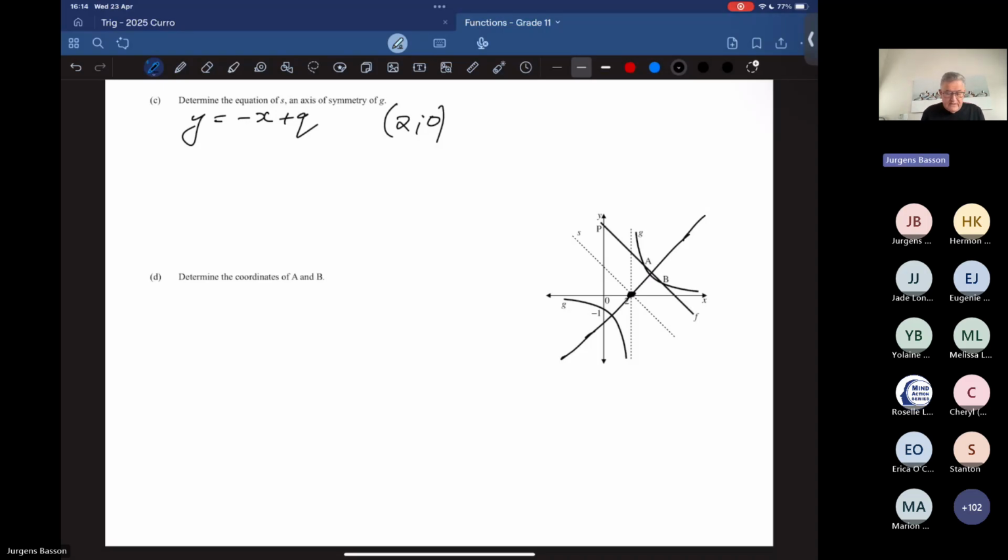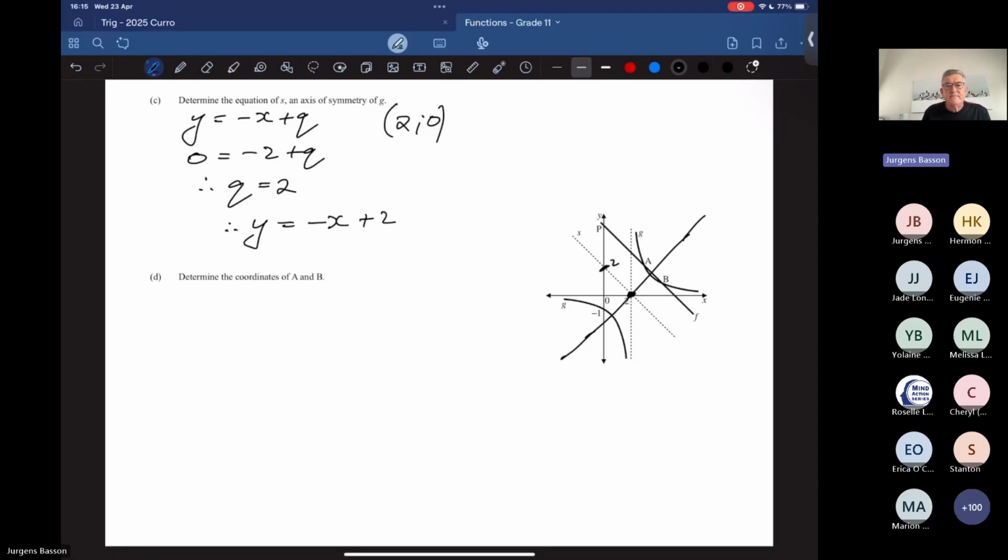I confused myself here, but let's substitute. So y is 0, and then I get 0 equals minus 2 plus q. So you agree that q will be positive 2. So that means the equation will be y equals minus x plus 2. Does that sound more or less correct? The negative tells us it's a negative gradient. Yes, that 2 tells us the y-intercept is at 2, and that looks correct to me as well, according to the drawing.